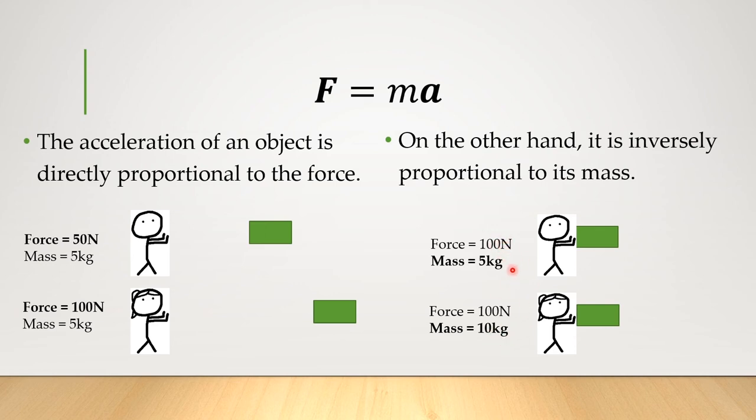Pero the two objects now have two different masses. One has 5 kilograms, the other 10 kilograms. The effect is, ayun, ang layo, and ito, kalahati lang, because it has double the mass as the other one. So that's the relationship of acceleration to the force and the relationship of the acceleration to its mass.